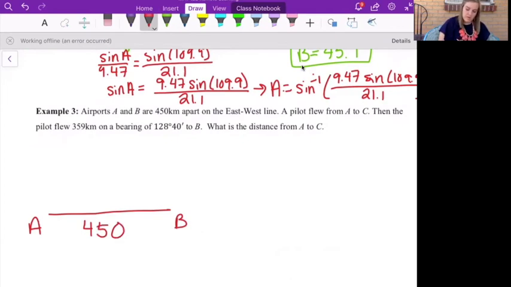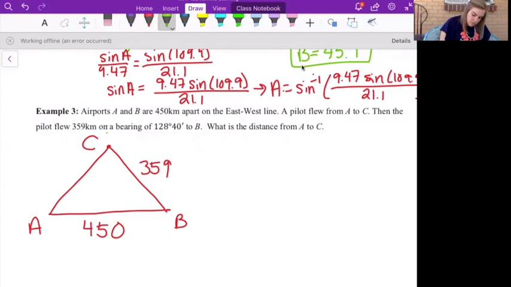A pilot flew from A to C. And then the pilot flew 359 kilometers on a bearing of 128.40 degrees. So the reminder, that means that this angle is 128.40.